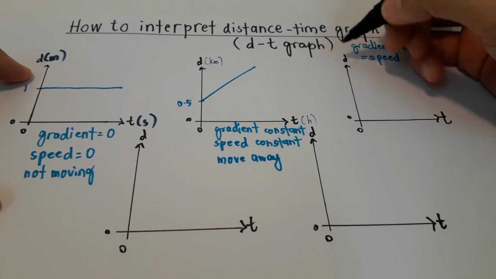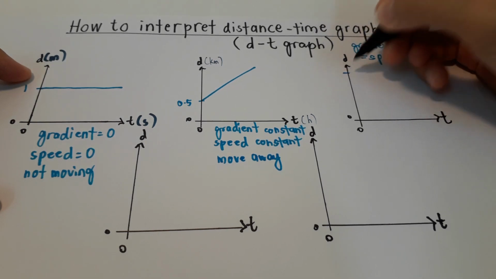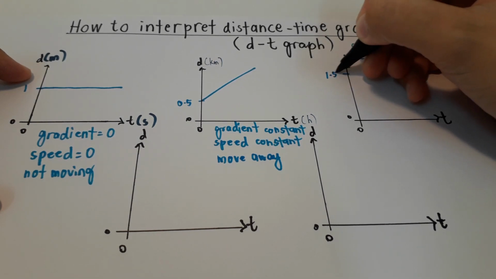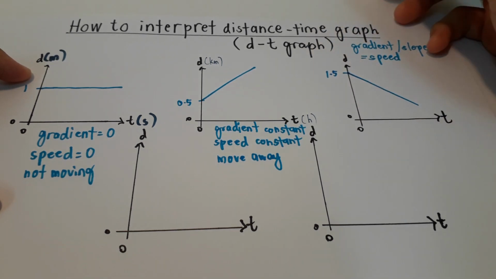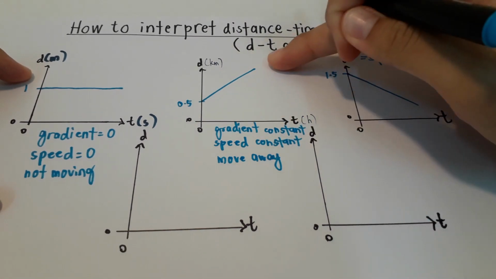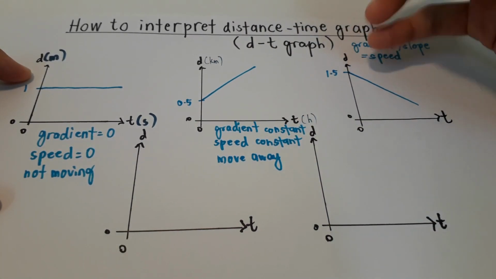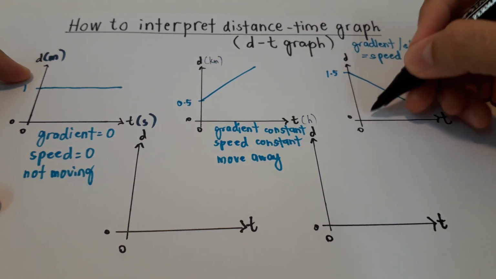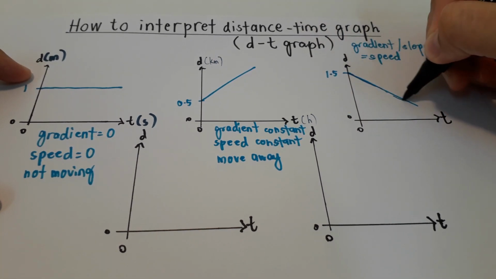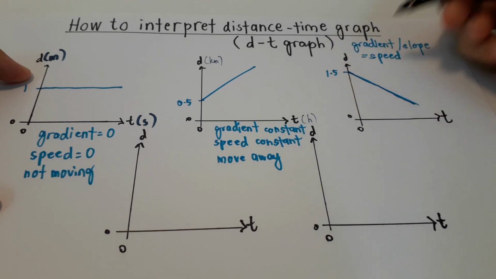What if we start somewhere around maybe 1.5 meter, and the gradient is like this? Instead of moving away, this one starts from 1.5 meter and moves toward the 0 starting point.